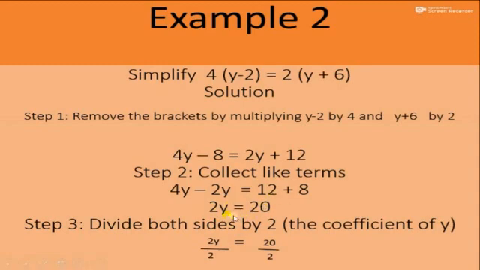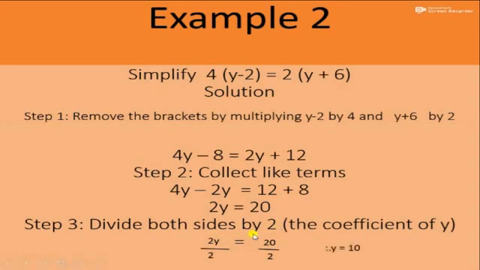Now dividing both sides by 2, we have 2y divided by 2 is equal to 20 divided by 2. Remember in mathematics, anything you do to the left hand side, also do the same to the right hand side.